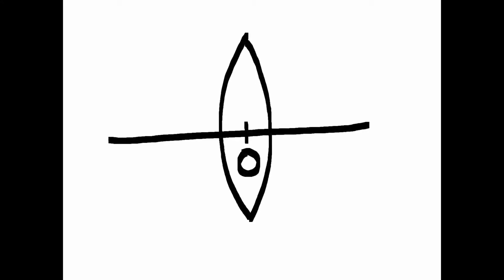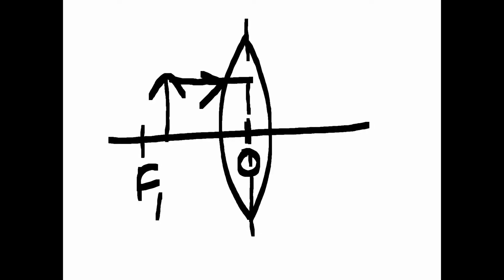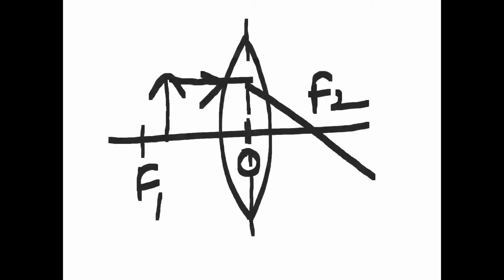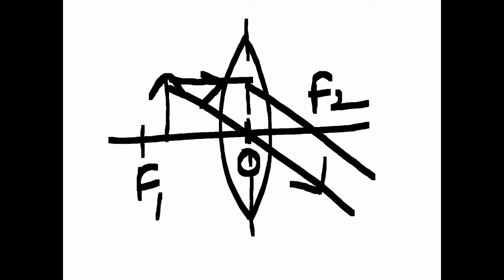After that, if the object is placed, this is optical center, this is f1, and if the object is placed between focus and optical center of the lens, fine, what will happen? This will just go straight and then through the f2, then it will pass through the optical center.